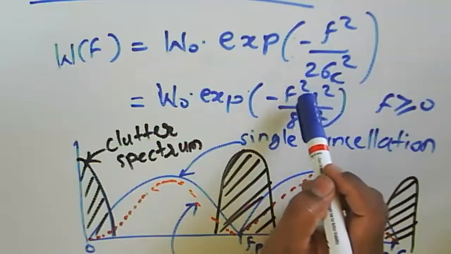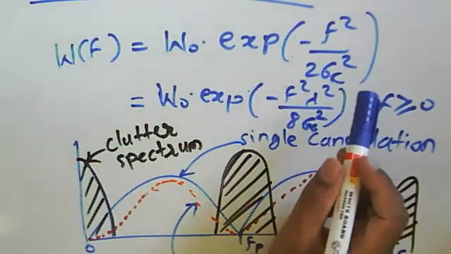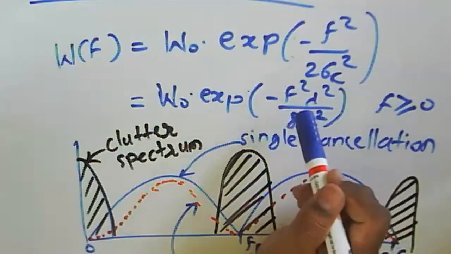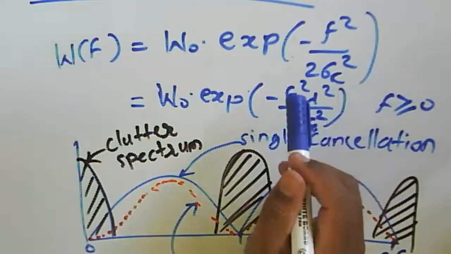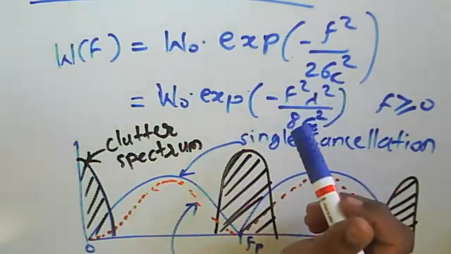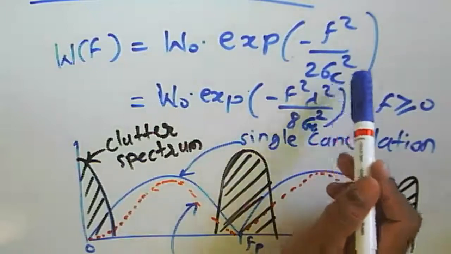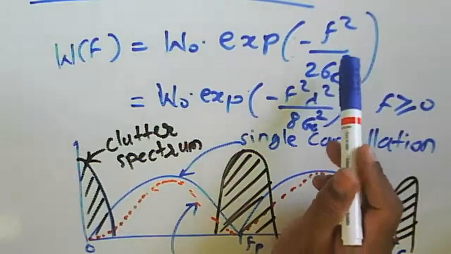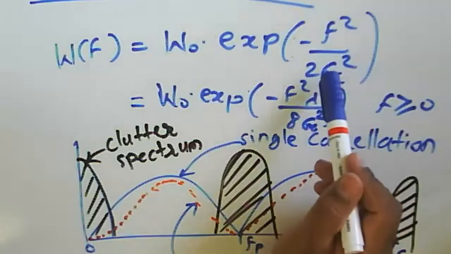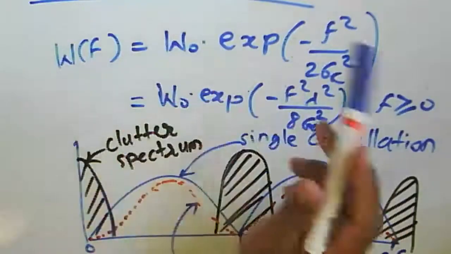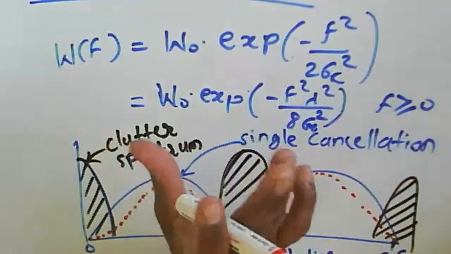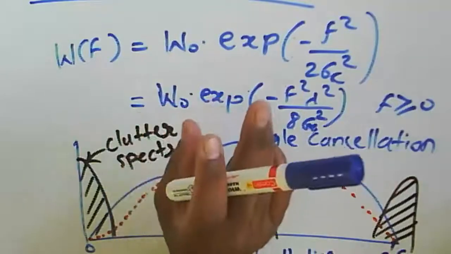In that case, the amount of clutter passed by the filter will interfere with moving target detection. If this is large, then W of f means we are getting clutter there, and this will interfere with a moving target.